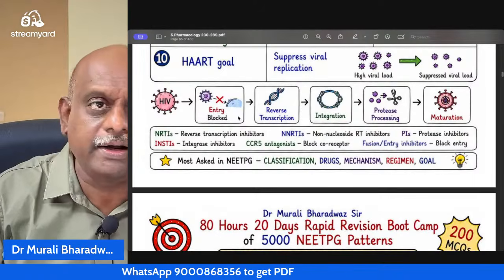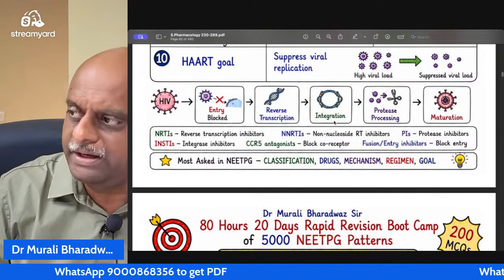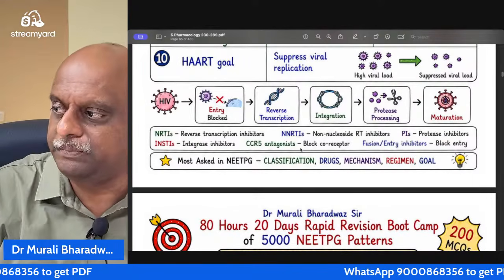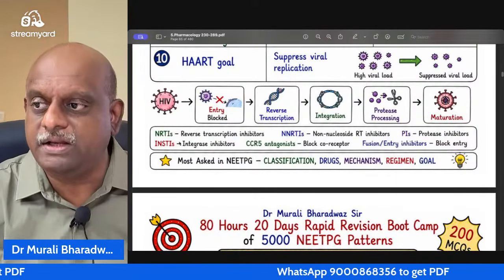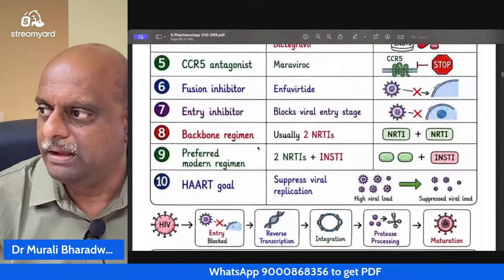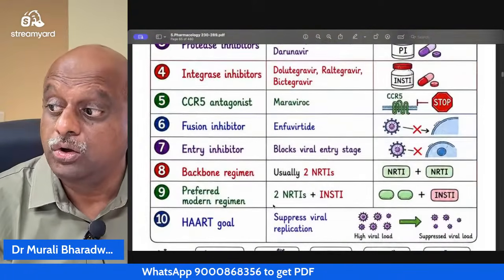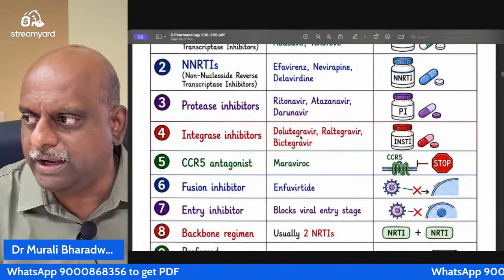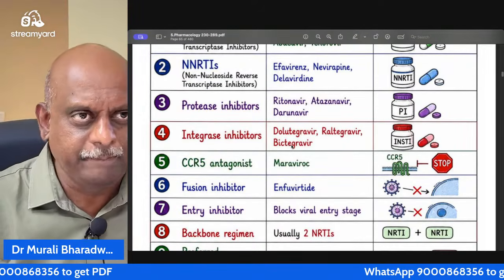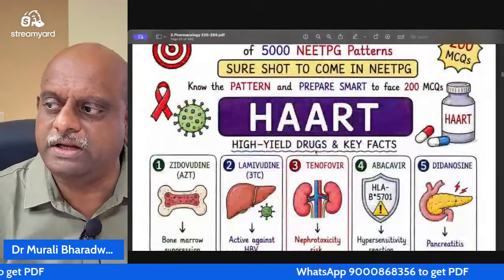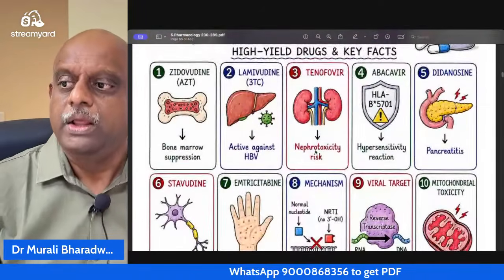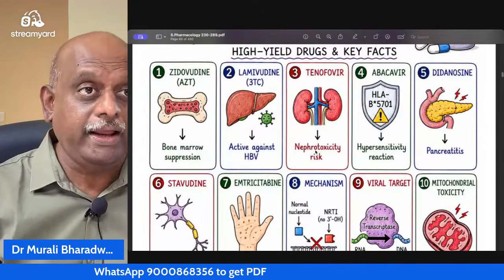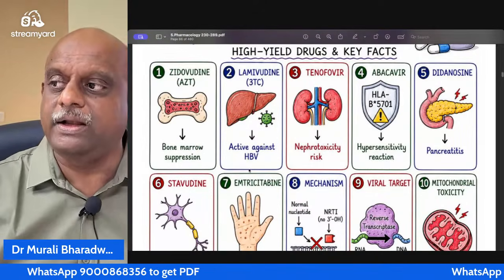HIV entry blocked, reverse transcription blocked, integration, protease processing, then maturation. These are the various steps. Integrase inhibitors plus 2 NRTIs. Integrase inhibitors like dolutegravir, bictegravir, they are all integrase inhibitors. Is the modern regimen.